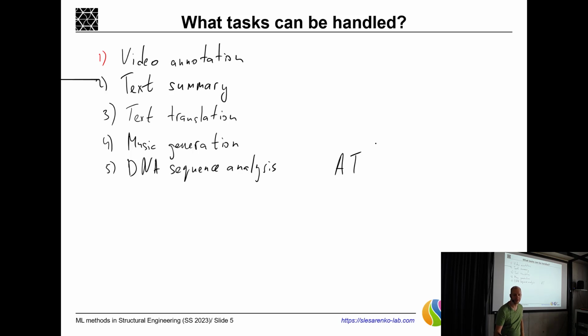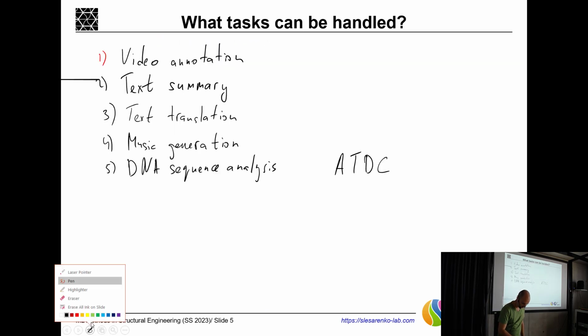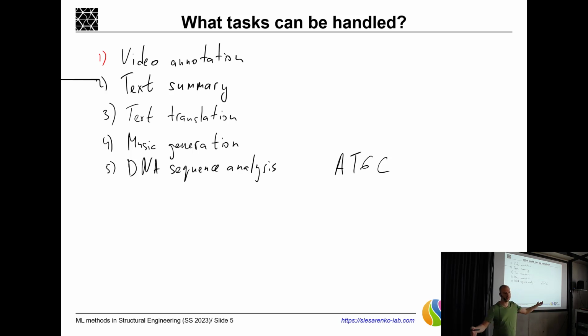C, G, yes, all these four. Then you combine these letters into sequences, and each sequence can correspond to a different protein. So again, there are a lot of sequences around us, and there is a lot of demand for developing tools that can handle that.